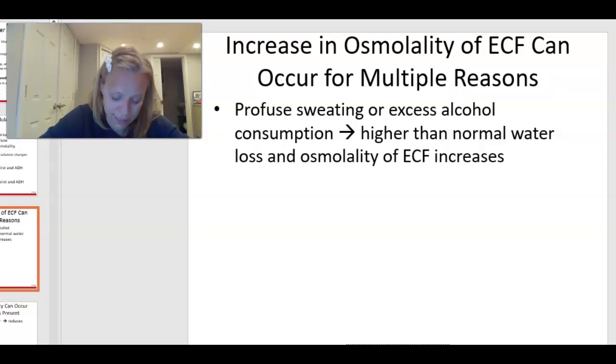Or if you have excess alcohol consumption, okay? So this would really increase the osmolality. Even though you have fluid, you're putting a lot of solutes in your body, okay? And water loss starts to become elevated above normal in both of these situations, okay?